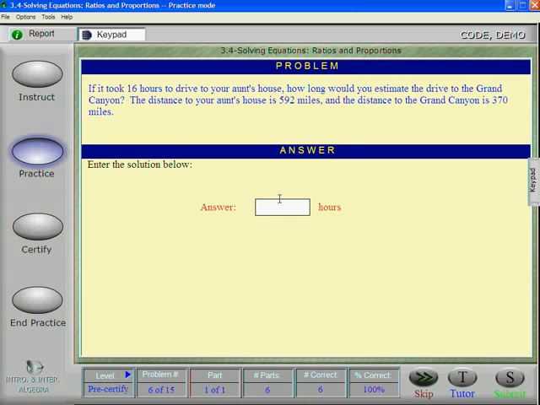That's kind of presumptuous, but assuming that were true, it looks like we can set up the proportion to say the hours it took to drive to a particular location compared to the distance, and then in the Grand Canyon category, hours to drive to the Grand Canyon versus miles to drive to the Grand Canyon. That could create the other fraction.